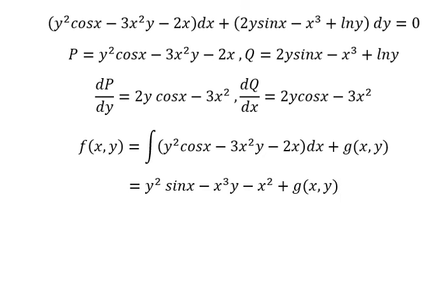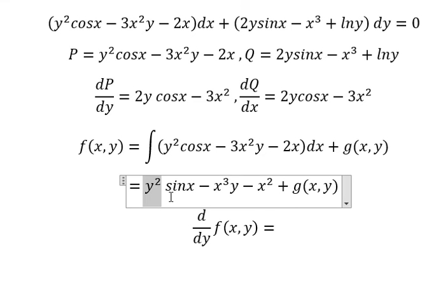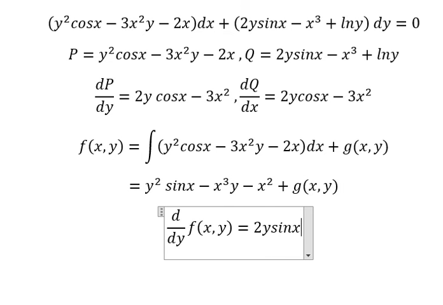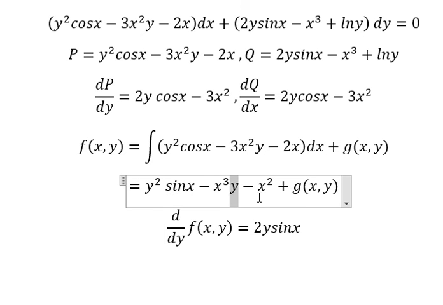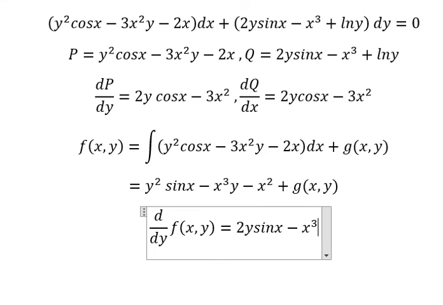Next, we need to do first the derivative of f with respect to y for both sides. This one, we have y squared, so we have 2y. This one, we have y, so we have negative x to the power of 3.